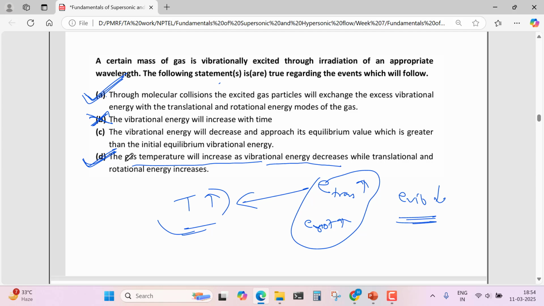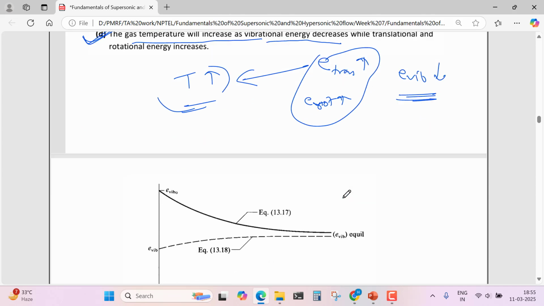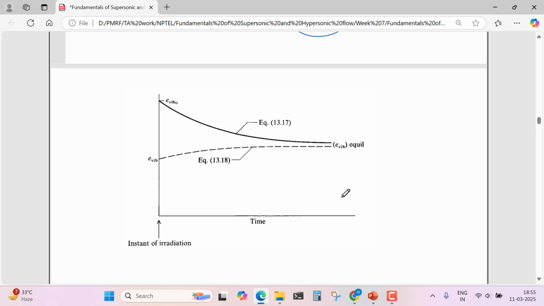Now if this mass of gas is left alone, after some time the vibrational energy will transfer its excess energy to the translational and rotational modes, and it will decrease and approach its equilibrium level. There is a plot also. Here the equation is not mentioned, so I will mention the equation also.